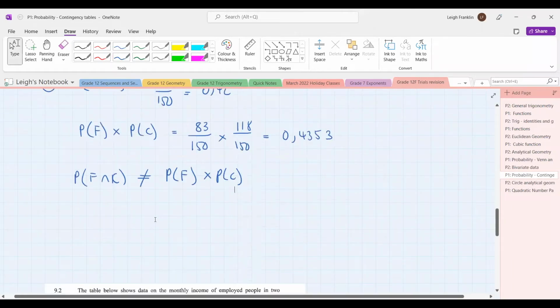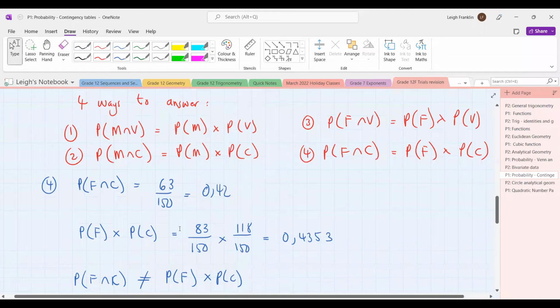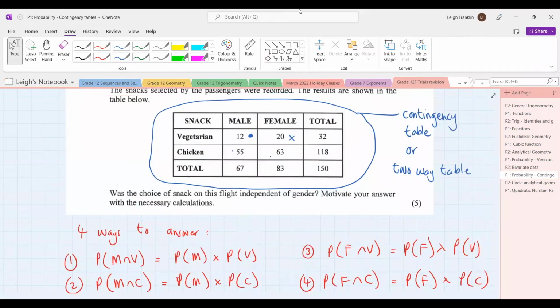So the left-hand side does not equal the right-hand side. So therefore the events are independent or not independent? What do you think, Matrix? Dependent or independent?